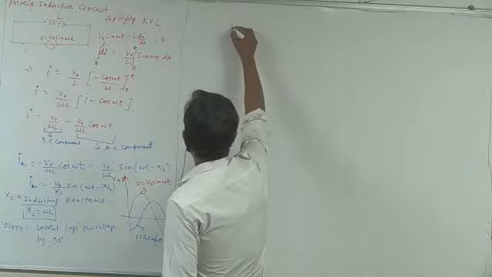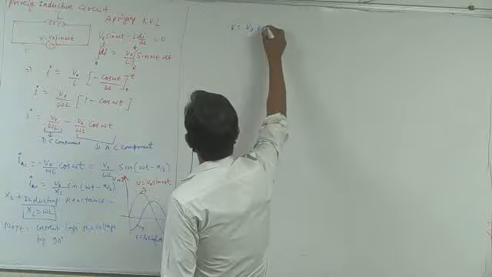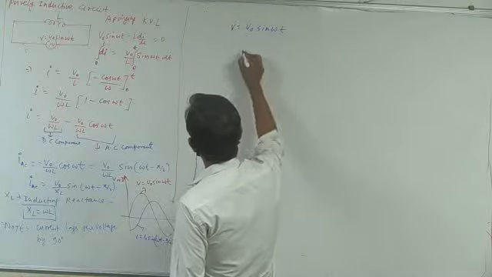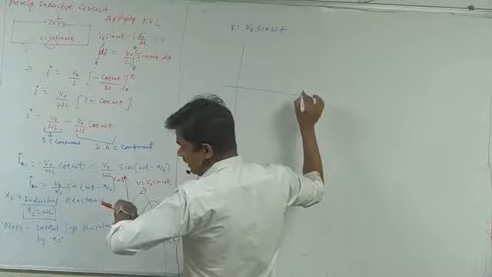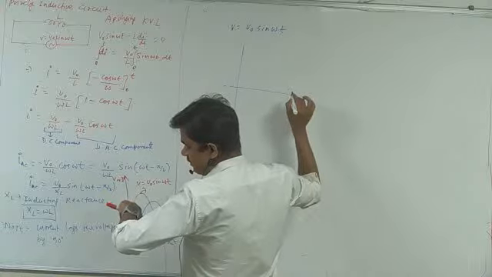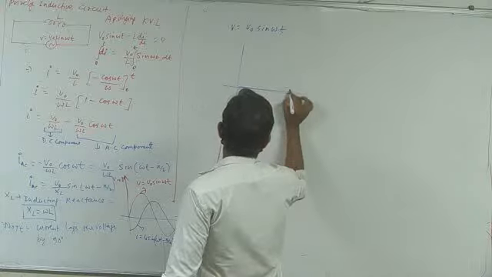Like you have been given v equals v naught sine omega t. So in phasor form, I will represent it this way.